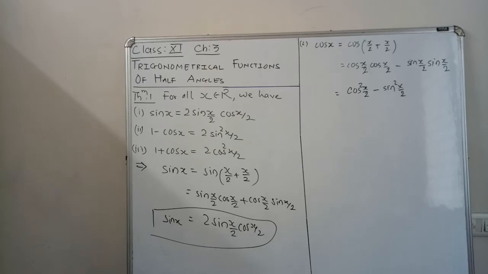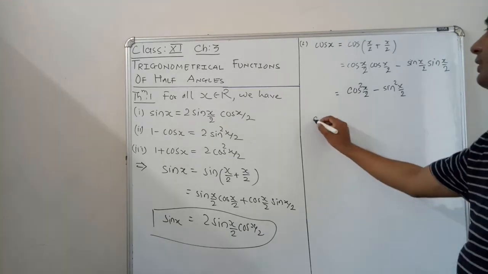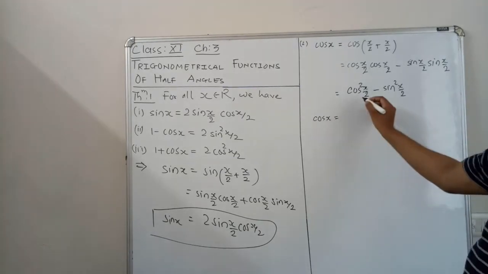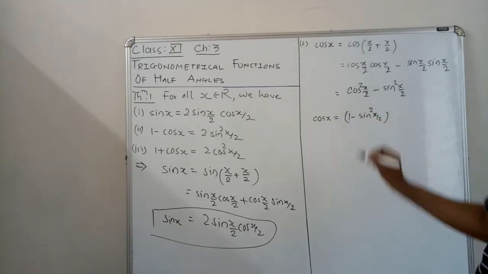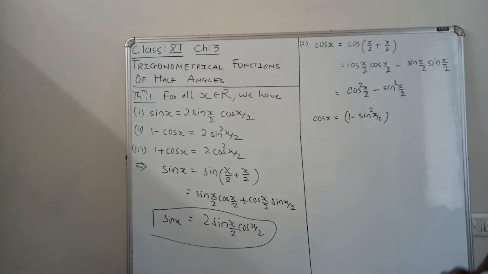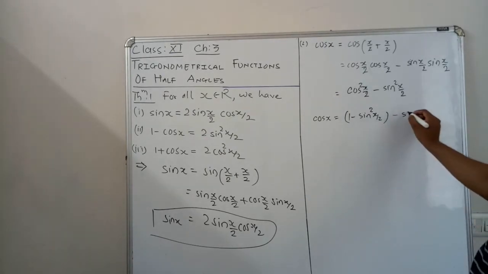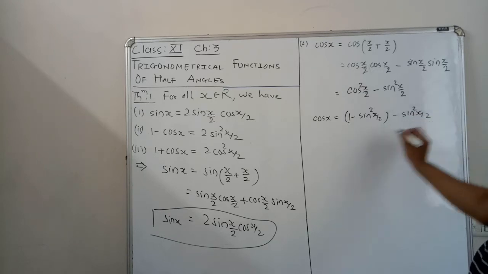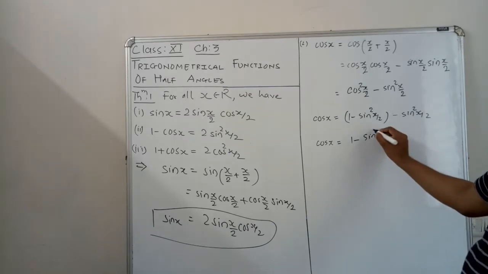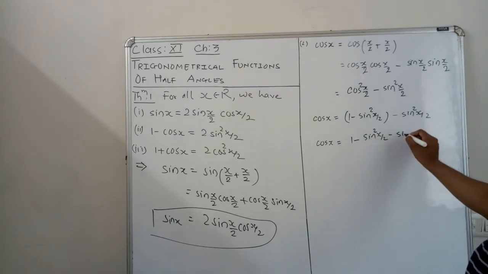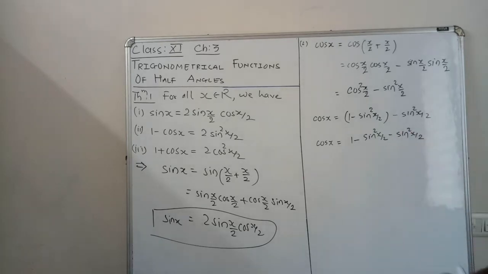So our result is 1 minus cos x is equal to 2 sin square x by 2. So here cos x is equal to cos square x by 2 minus sin square x by 2. Can we write cos square as 1 minus sin square x by 2? So therefore cos x is equal to 1 minus sin square x by 2 minus sin square x by 2. Understand?